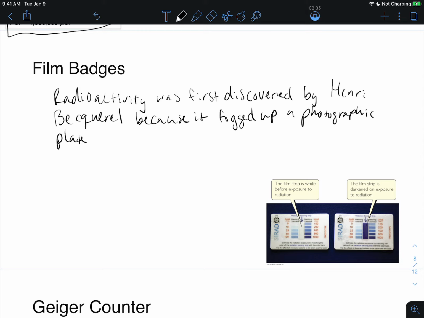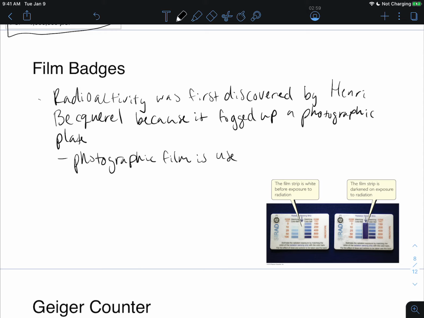So this film itself is a photographic film. It's used to detect radiation, and the more exposure, the darker the spot. So this is a pretty simple way of measuring radioactivity.